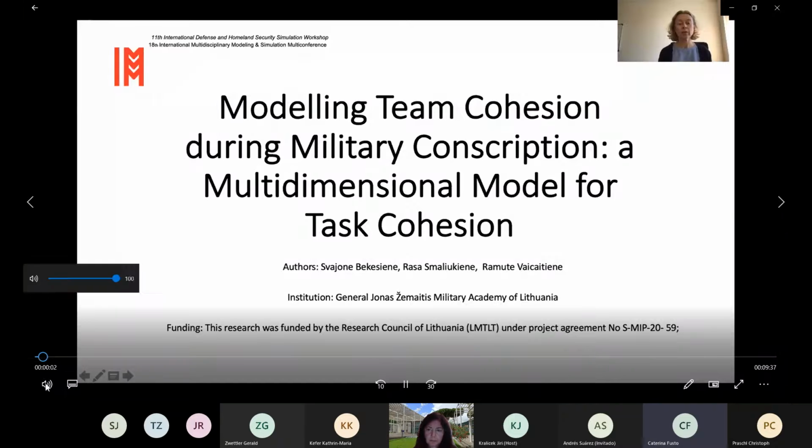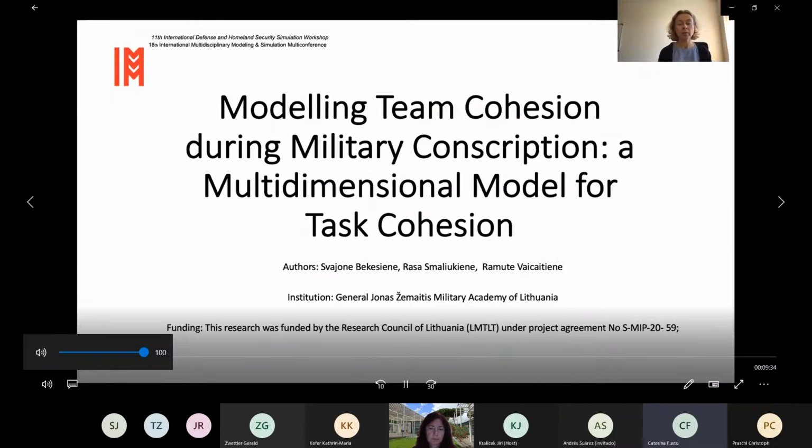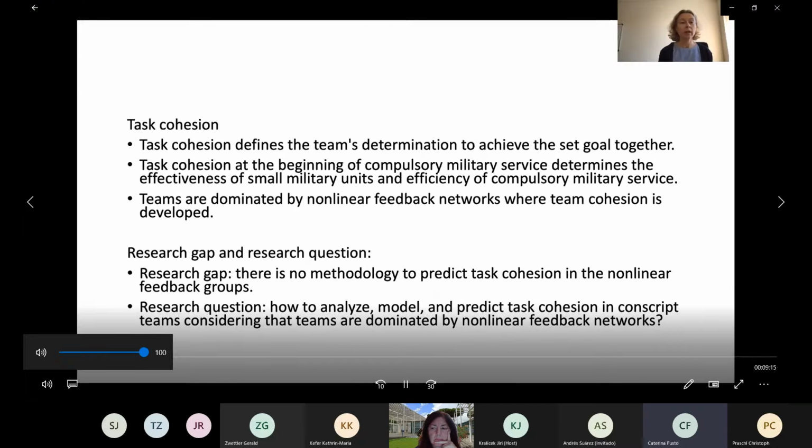I would like to present our research and our paper on modeling team cohesion during military conscription. For this purpose, we used a multidimensional model. Talking about the concept of the research, task cohesion is one of the most powerful drivers that determine the team's determination to achieve a set of goals together.